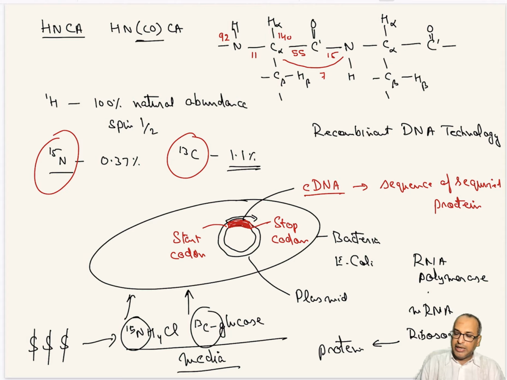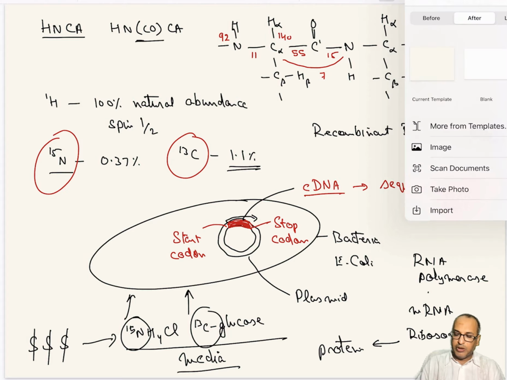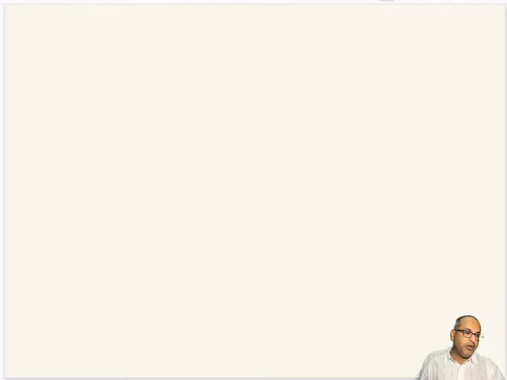And now let us say, what is the experiment, and how do we work with that experiment? So the typical correlation pathway for the HNCA experiment works like this: you start with HN, that is the amide proton, and transfer the magnetization to nitrogen.